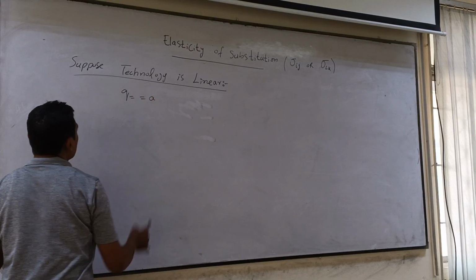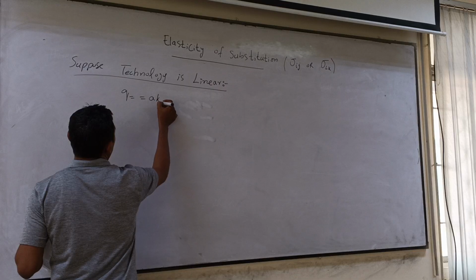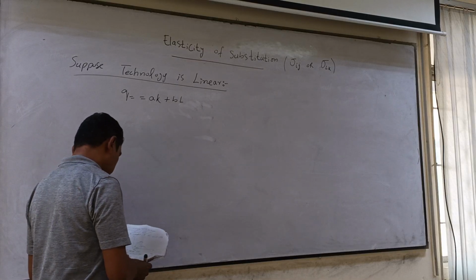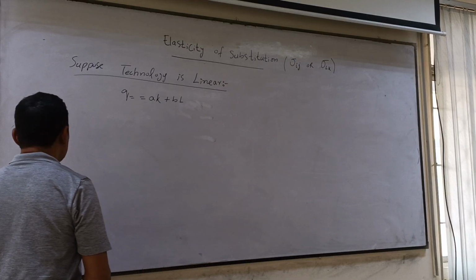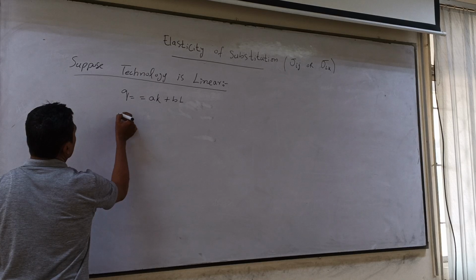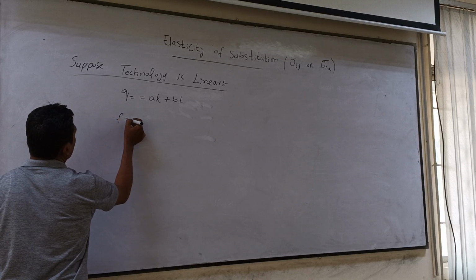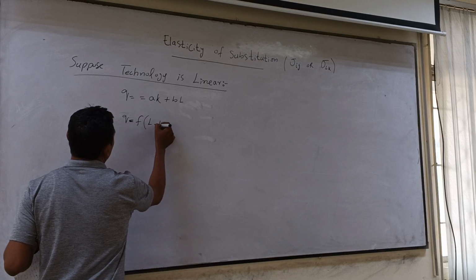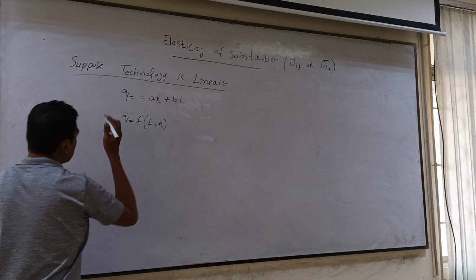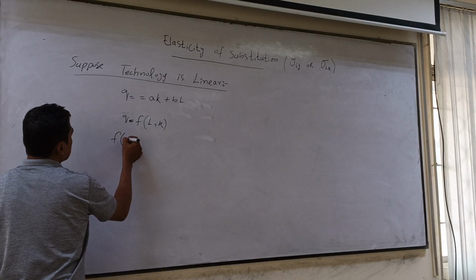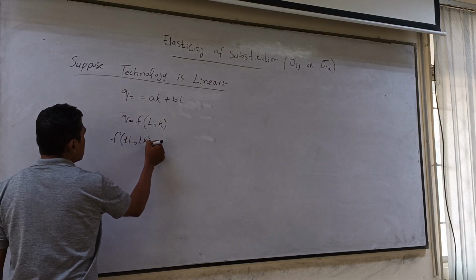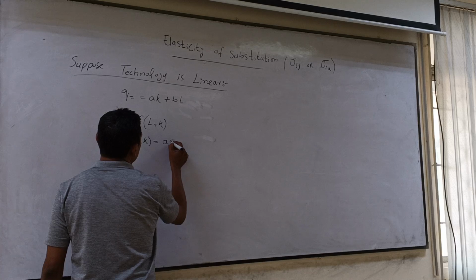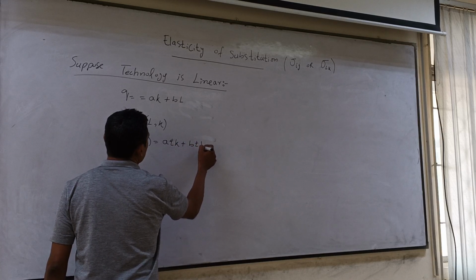Q is A plus BL. Okay. Q is a function of capital and BL.